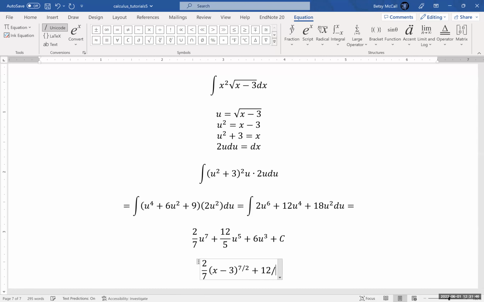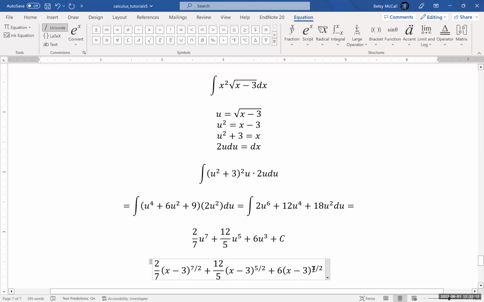And then 12 over 5, and this is x minus 3 to the 5 over 2 power. 5 because it was 5 originally, and over 2 because of the square root. And then 6 x minus 3 to the 3 over 2 power. Again, 3 from the original u and the 1/2 from the square root plus c.